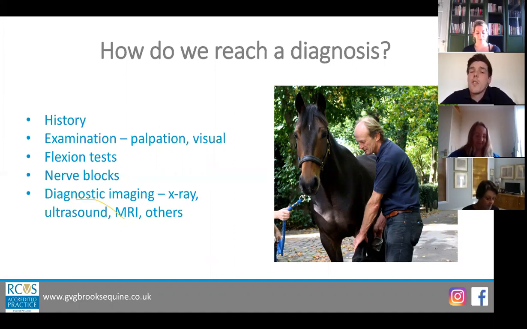And once we've done that visual, distant look at the whole horse and the legs, we'll then get our hands on and have a really good squeeze and a feel, and that forms the palpation part of our assessment. And certainly in the context of arthritis, we're particularly interested in the range of motion of the joint, and how freely that joint is flexing in the direction it should.